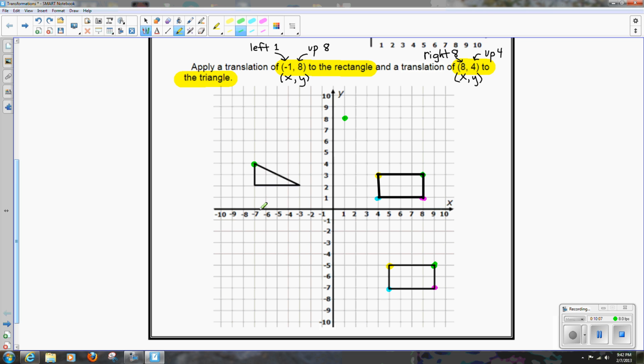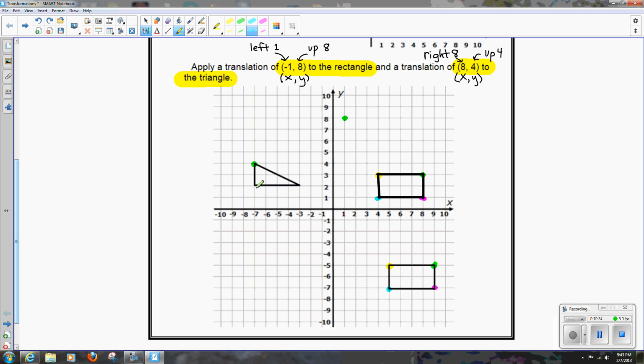The x value went from -7 to +1, and -7 plus 8, because my x was supposed to increase by 8, equals 1, so that looks good. My y value was supposed to increase by 4. The y value was 4. An increase of 4 would put it at 8, and that's where it is, so that looks good.